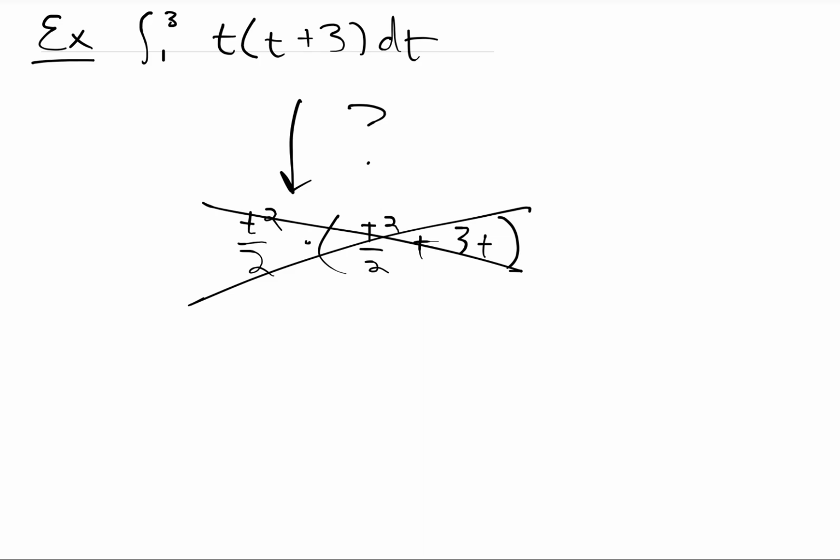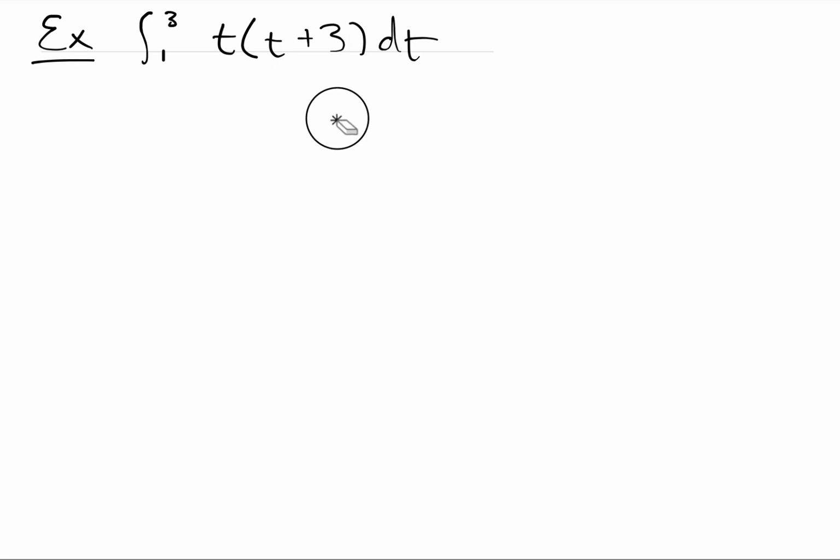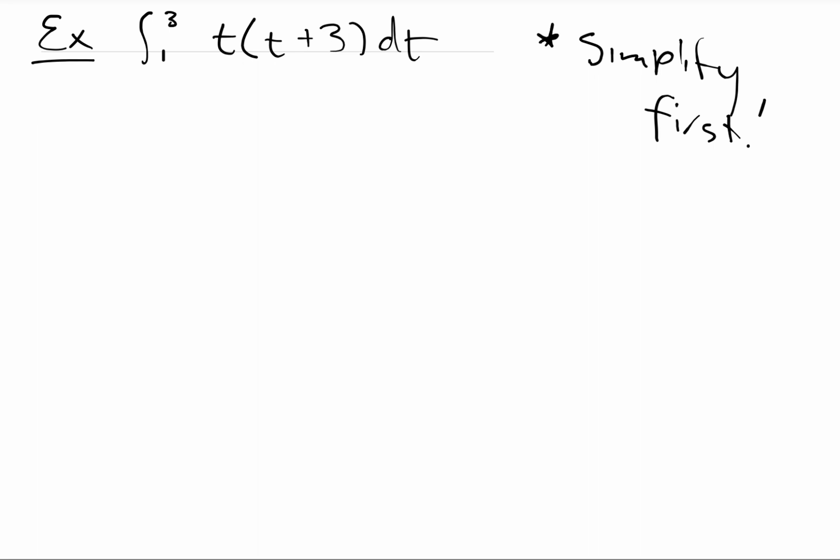If I was deriving, I would need product rule. If I'm anti-deriving, I need an analog to product rule. We don't have that yet. So keep in mind, these cases with products, you can't directly work with them. You have to simplify it first, and then we don't have to worry about weird rules.